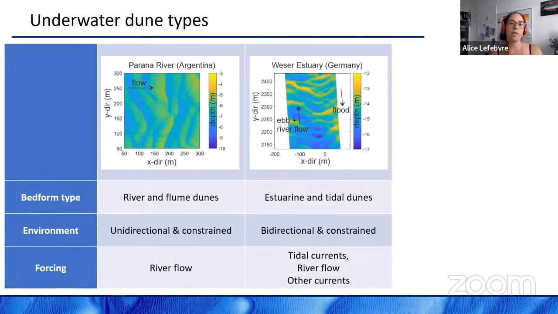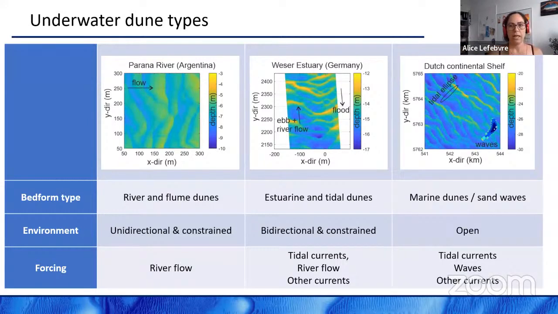Then there are dunes in estuaries and tidal inlets, and here it is again constrained, so we are just in a channel, but the currents are going in two directions, and in an estuary there will also be the river flow, and in a tidal channel there may not be. And finally, you have the marine dunes, which are also often called sand waves.